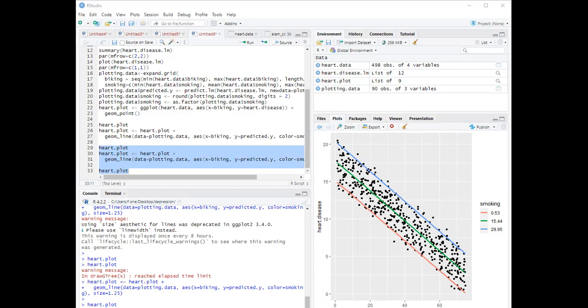Now we create the same graph for the rates of population.